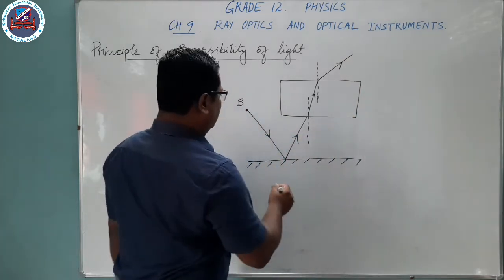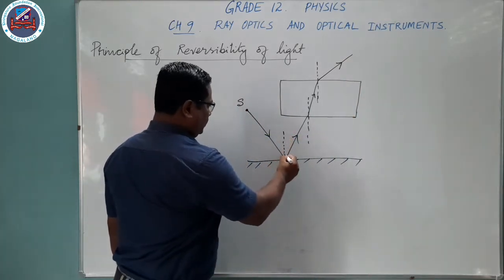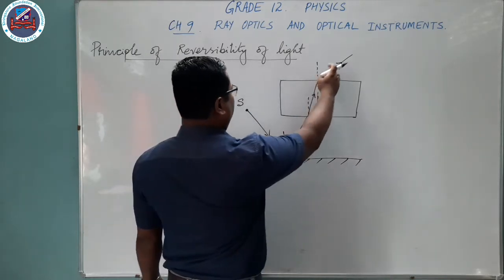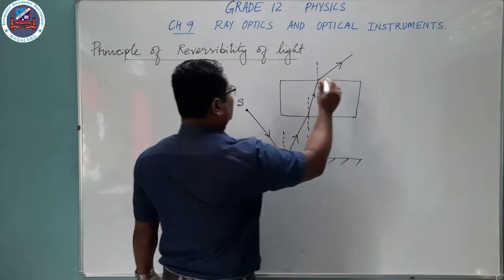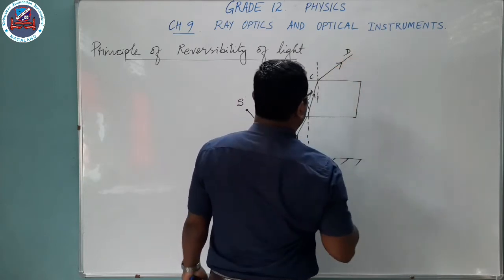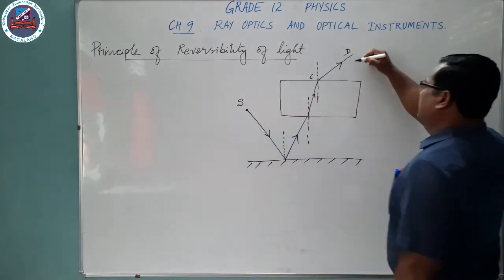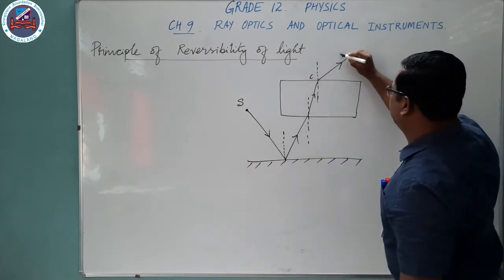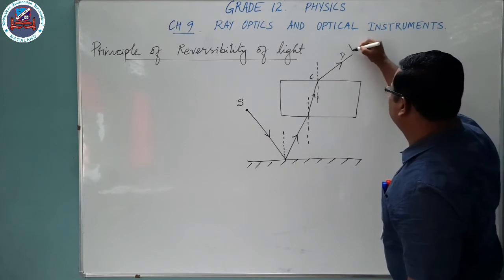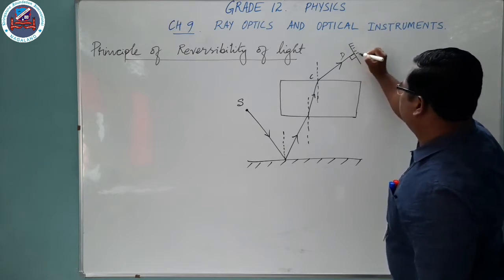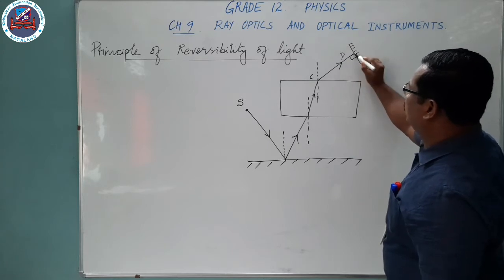So here you can see multiple reflection and refraction. The reflection and the refraction of light you can see at these two points. Then let us assume that CD is the final path. If I make the light ray reverse back, I will have to keep one plane mirror so that the ray strikes it normally.